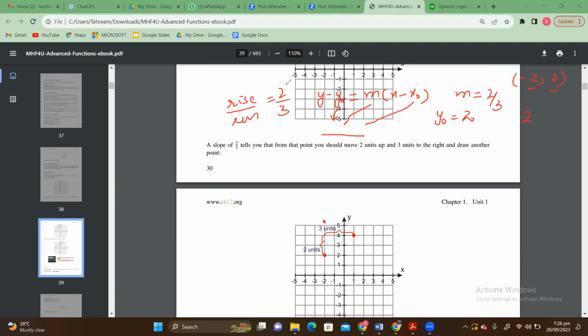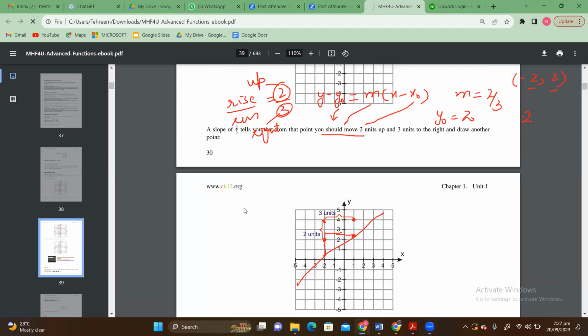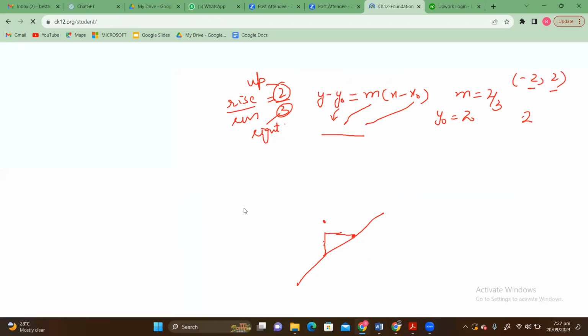Rise is always up, right? Rise means up. Run means go horizontally right, always right. So the point was here, and we go 2 units up, 1, 2, and 3 units right, 1, 2, 3. So we got 2 points. When we have 2 points, we can just draw the line and we will get the graph of our point slope form.